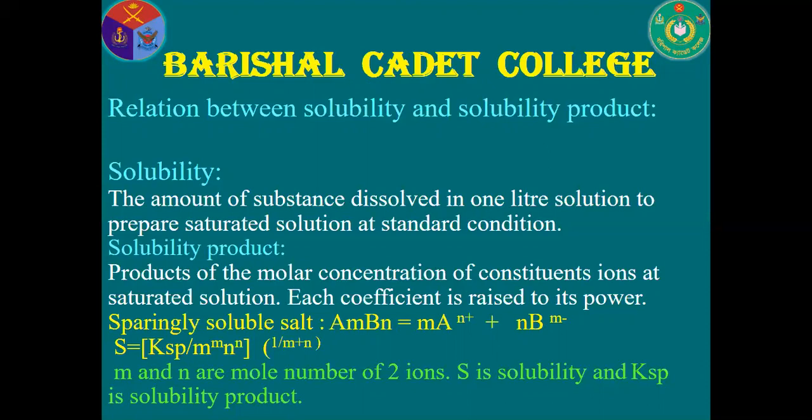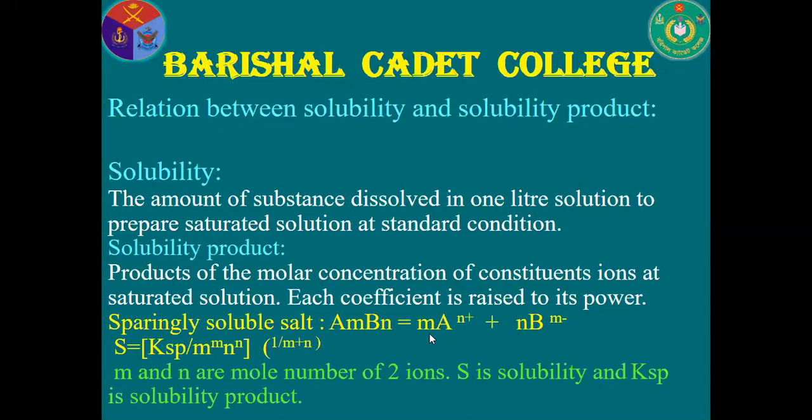So if the solubility of a substance is 1.5 times 10 to the power minus 5, what will be the solubility product? By using this formula, you can solve the problem. For aluminum chloride, after dissociation it forms an aluminum ion and 3 chloride ions.